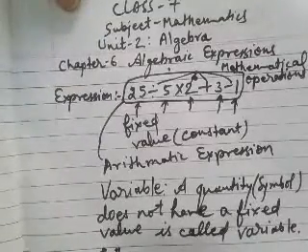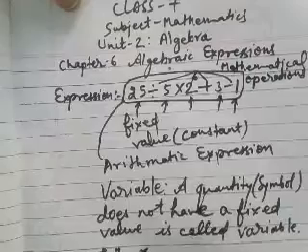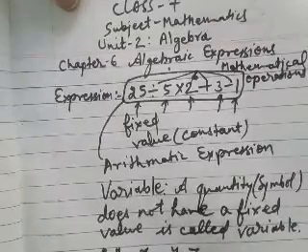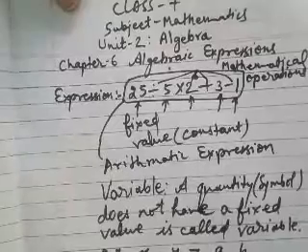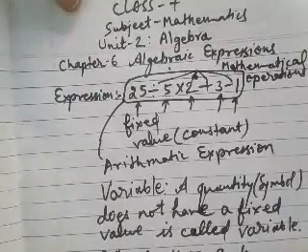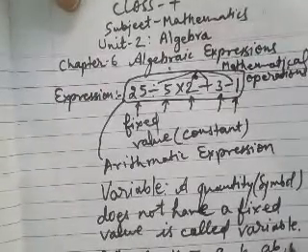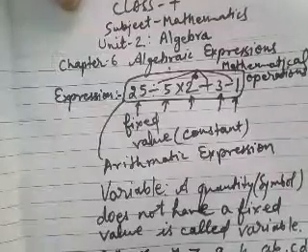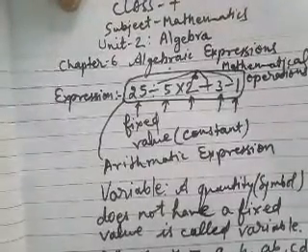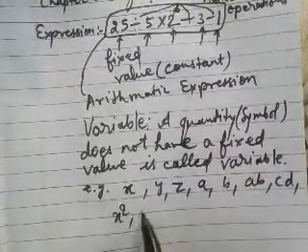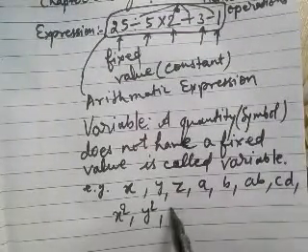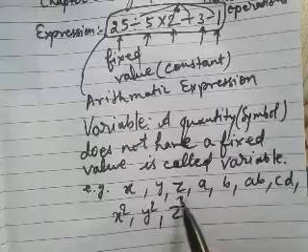For example, x, y, z, a, b, or it may be a combination of some symbols like ab, cd, x square, y square, z cube, and so on.